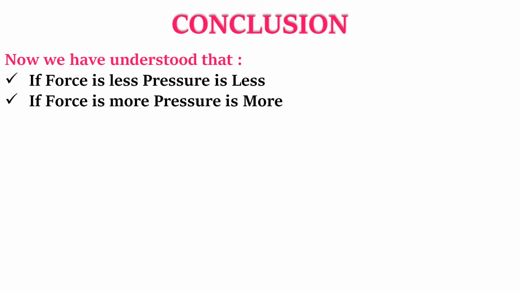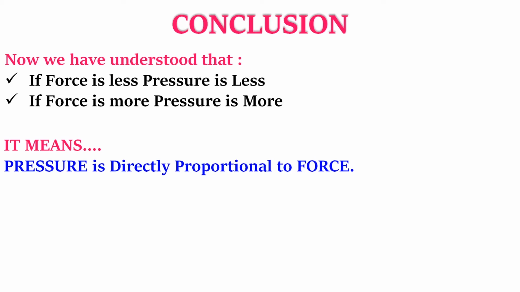We have understood from this activity that if force is less, pressure is also less, as we saw in brick X. And if force is more, pressure is more, as we observed that the combined effect or combined weight of brick Y and Z showed more force, which resulted in greater pressure.